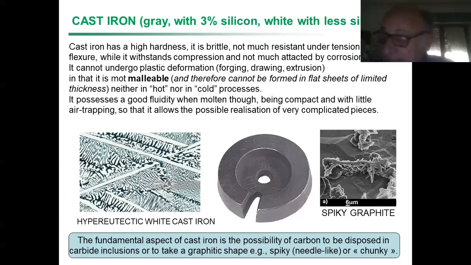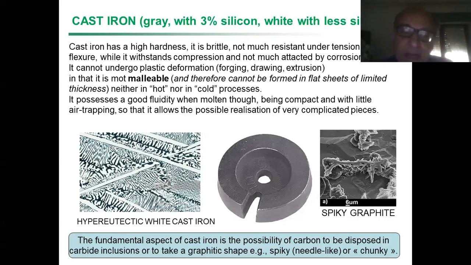But in reality, there are not many cast irons which get to that point, because they are then very close to a ceramic. The main question is how carbon is disposed. You have this kind of nodules which might be intercalated into the iron structure.